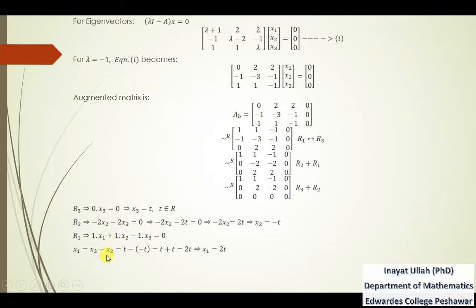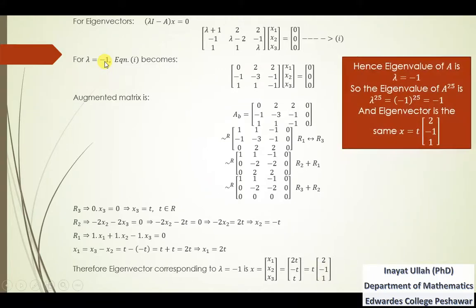So x3 minus x2, but x3 is t and x2 is minus t, minus minus plus, so t plus t is 2t, x1 is 2t. Therefore the eigenvector corresponding to lambda equal to minus 1 is this vector, replacing x1, x2, x3 and then taking t common.